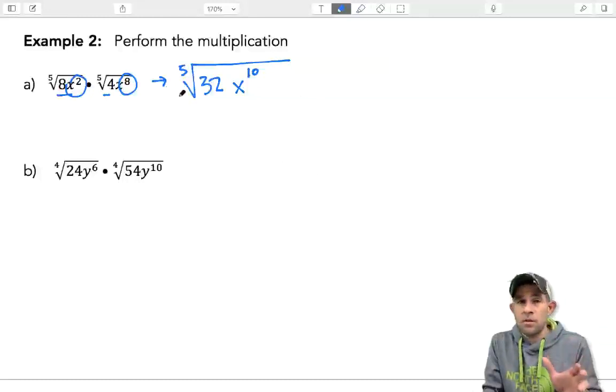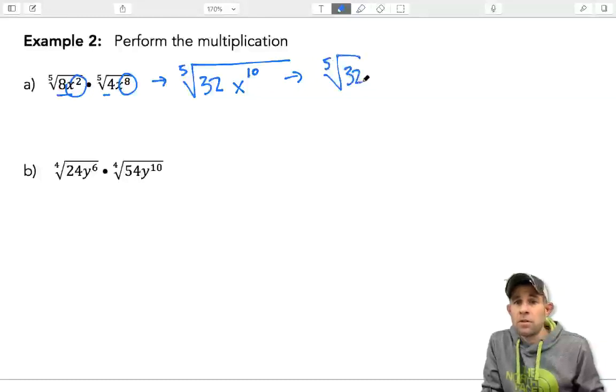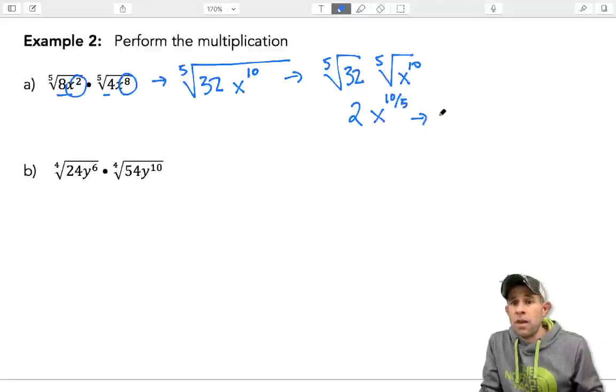So this is really equal to the fifth root of 32 times x to the 10th. Now we can separate those back out. We have the fifth root of 32 times the fifth root of x to the 10th. Well, the fifth root of 32 is 2, and the fifth root of x to the 10th can be rewritten as x to the 10 over 5, and we know that that simplifies to 2x squared.